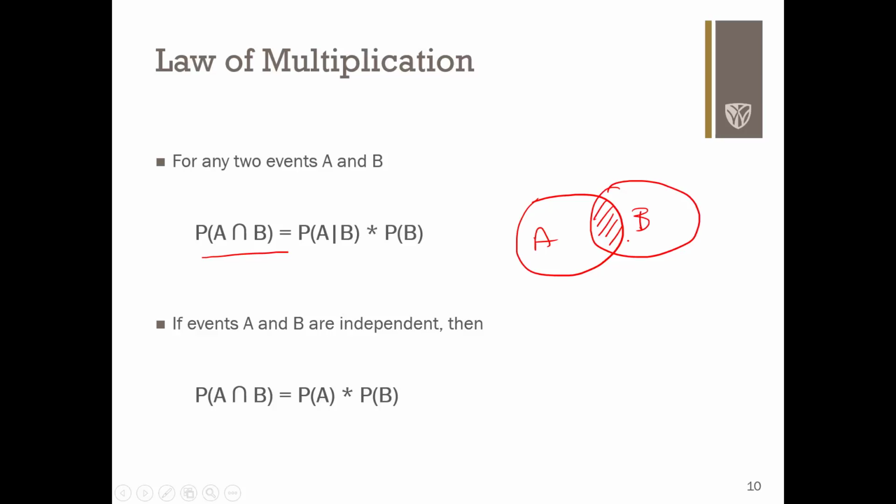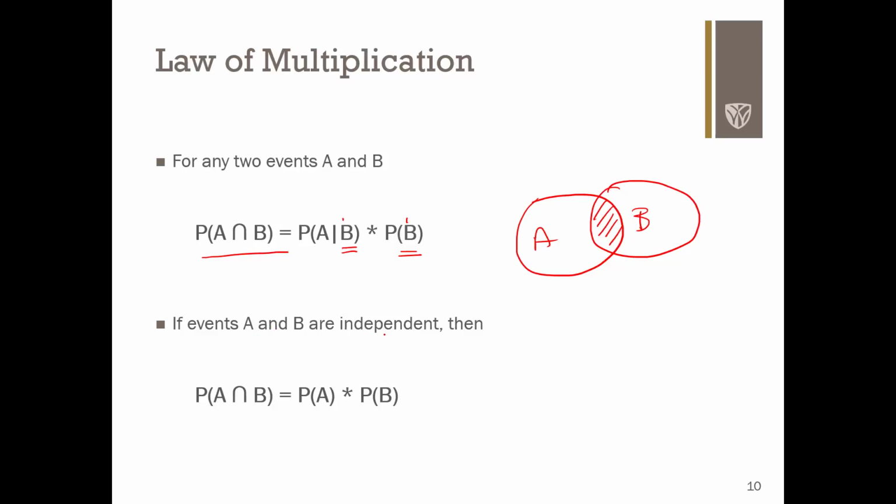What's the probability that both A and B occur? It turns out that that probability is just the conditional probability of A given B times the probability of B. And notice the thing that we're conditioning on is the thing that we're multiplying by. So this and this are the same.